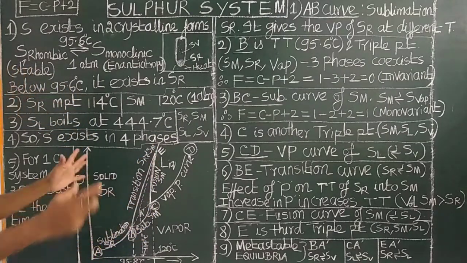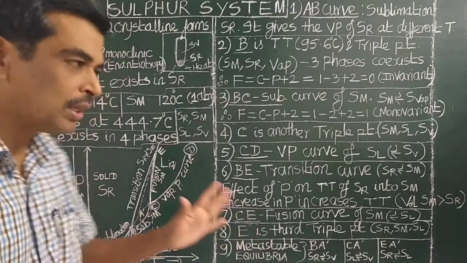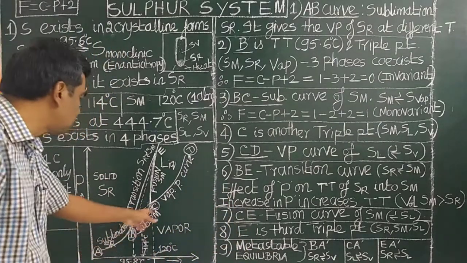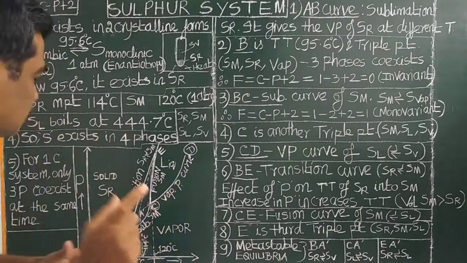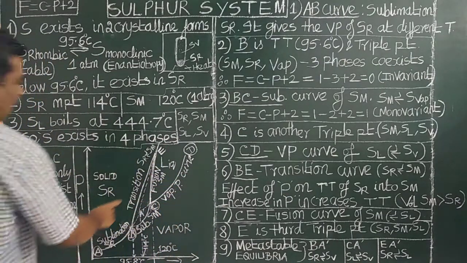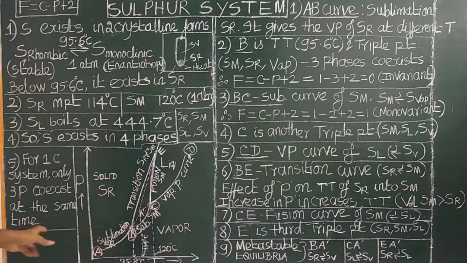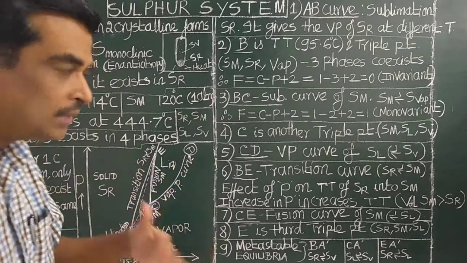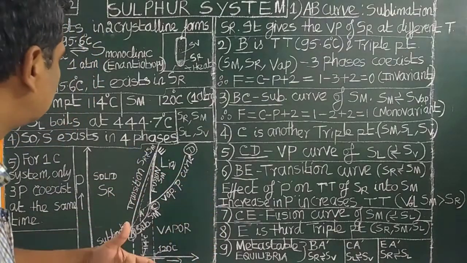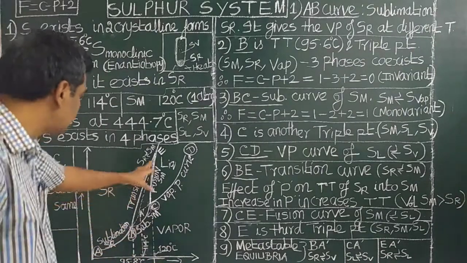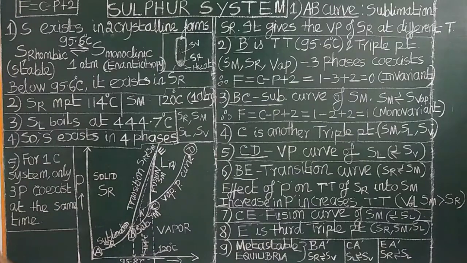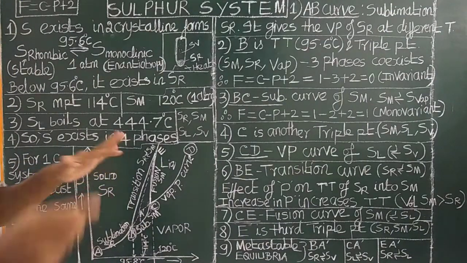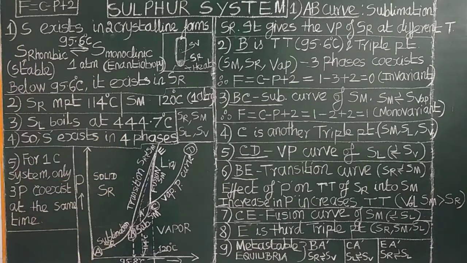Therefore, you have a different phase diagram for sulfur because of the 2 sublimation curves. In water and carbon dioxide, there will be 1 sublimation curve. And there is another one, the transition curve, which is involved in this, whereas in the water system there is no transition curve. What are the differences between the water system and the sulfur system?